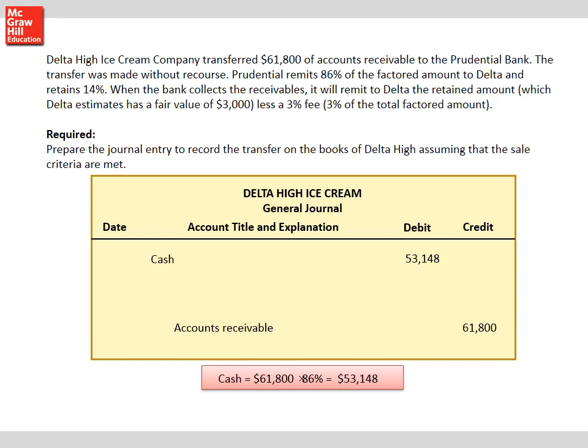If they need cash now, this may be their only alternative. Sell them. Receivable from factor is determined. Let me show you that. I think that's the 3%. Let me grab my calculator here. 61.8. Nope, that's not it.